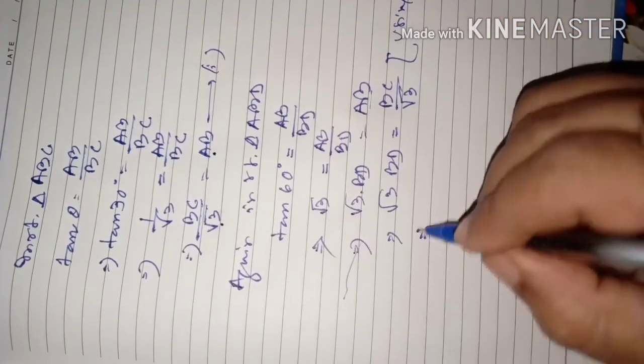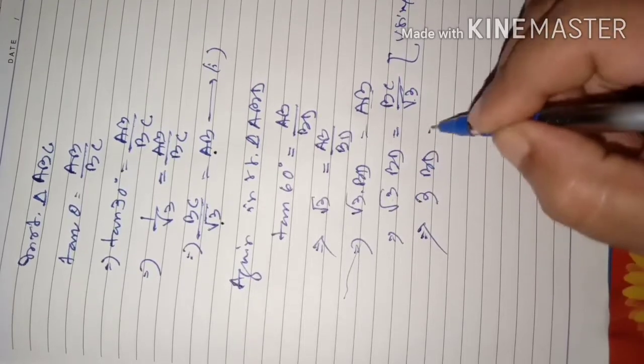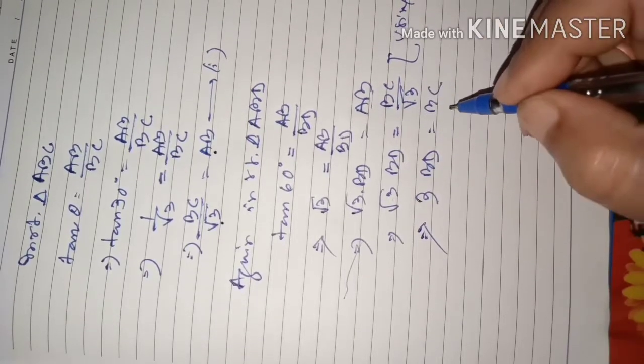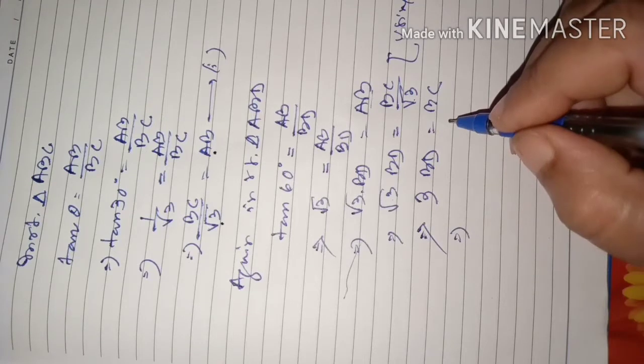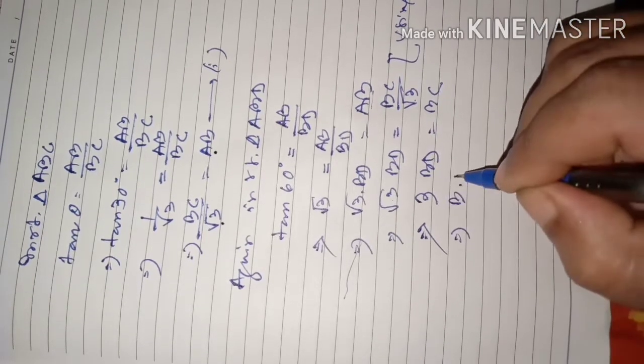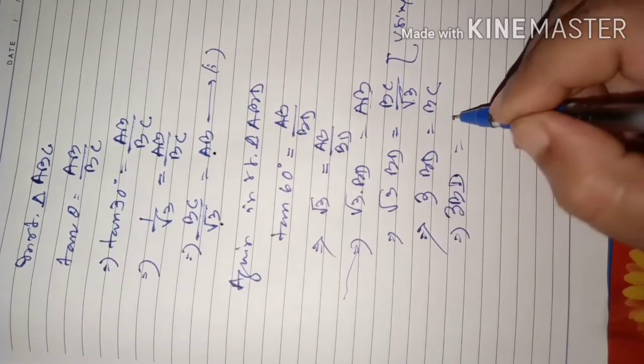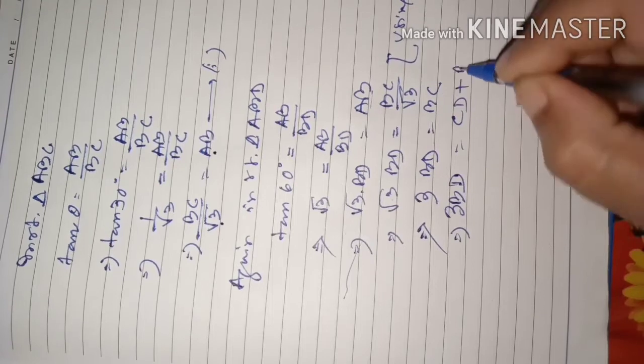So what you will get here, root 3 into root 3, you will get 3 BD is equal to BC, and BC is a sum of CD and BD. So 3 times of BD is equal to the sum of CD and BD.